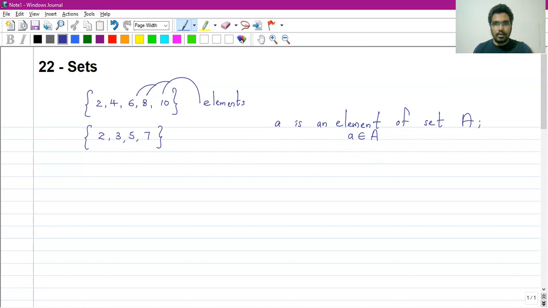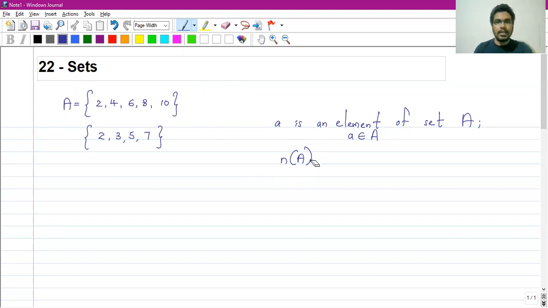As we have studied in the probability lesson, I think you can remember something like this: n(A). This means the number of elements in set A. If this is the set A, you can count 1, 2, 3, 4, 5.